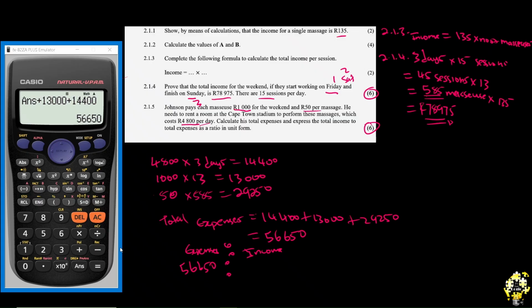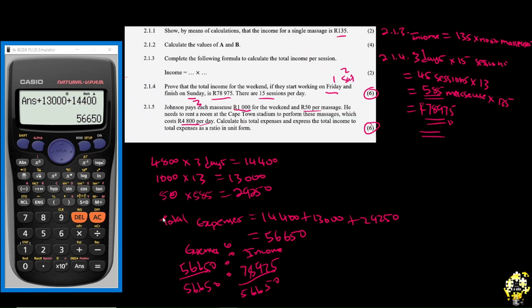The total income we've calculated here to be 78,975. So to express it as a unit ratio, we can divide here by the same. We can also divide here by the same.